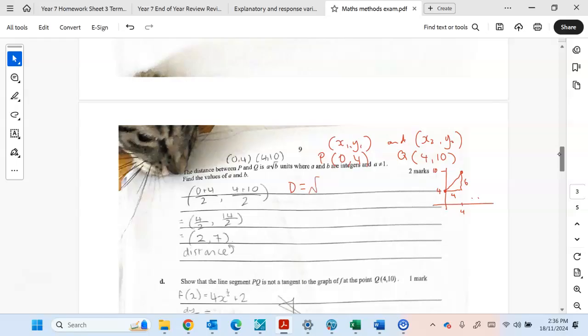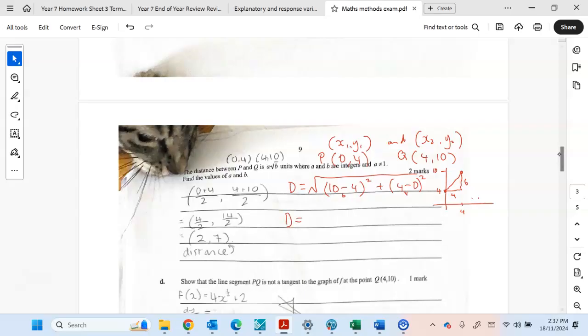So when we substitute them in, it doesn't matter what order you put them in. 10 minus 4 squared, the difference between my y values, plus the difference between my x values. So this is your a squared plus b squared. 4 minus 0 squared. And we can see this is equal to 6 and this is equal to 4.